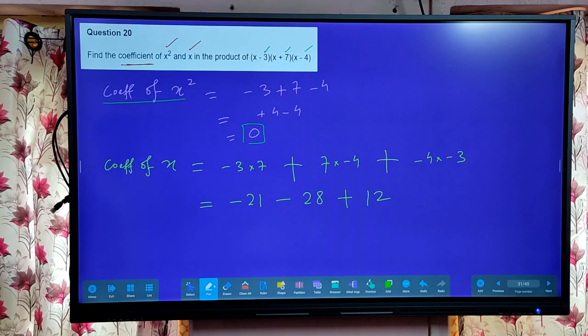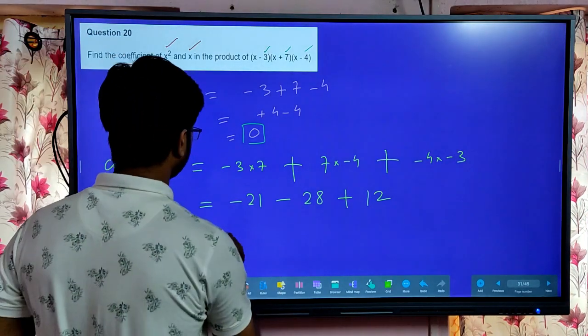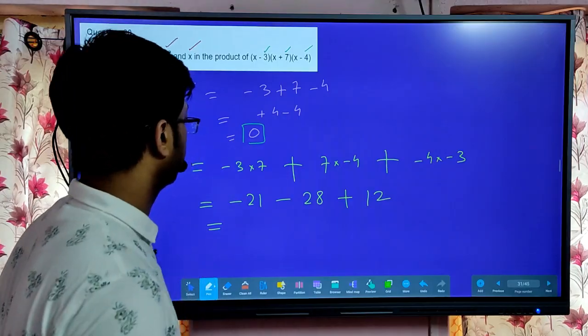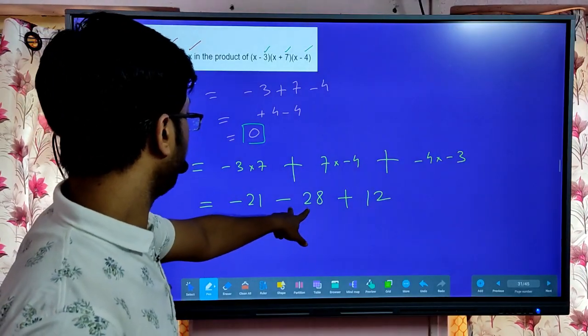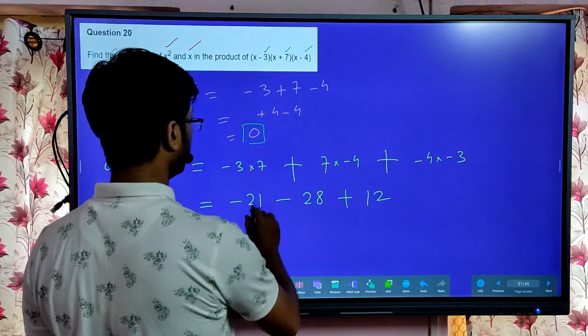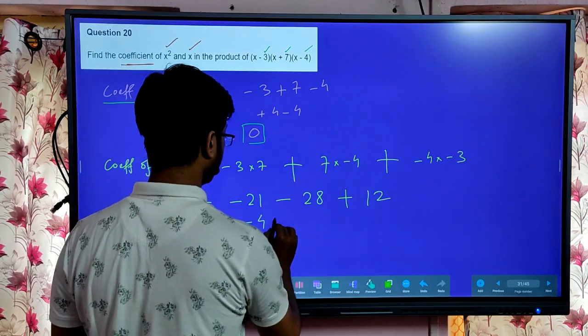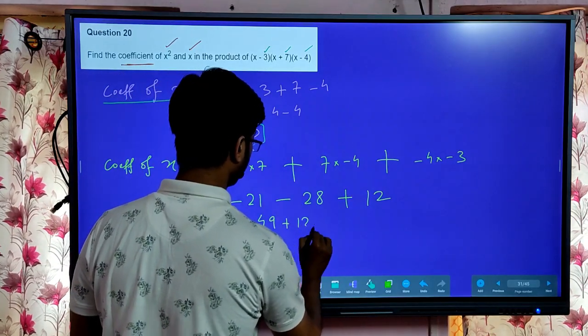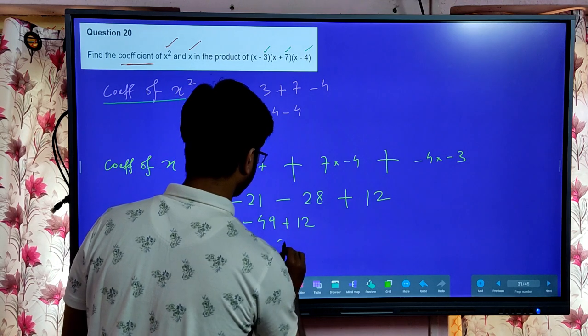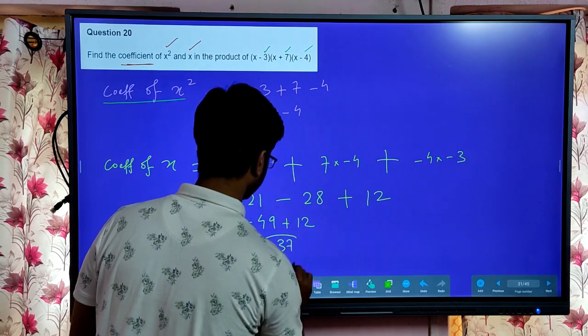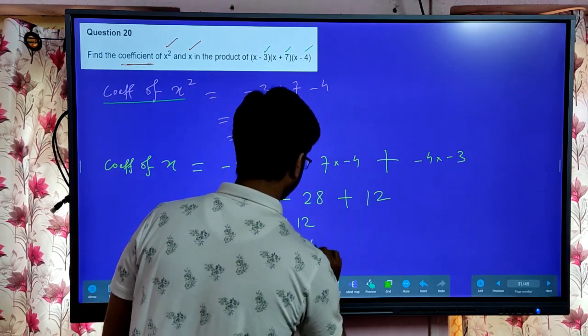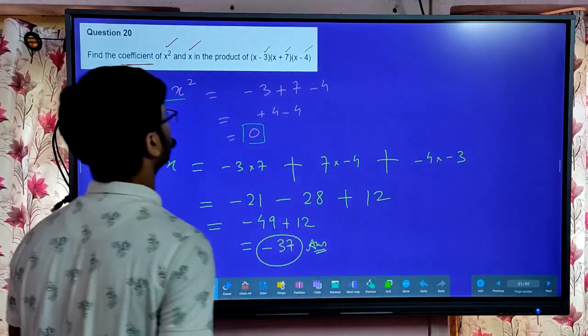Okay, so you solve this, it will be minus 49. This 21 and 28 will be minus 49 and plus 12, so it will be minus 37. So this will be the answer. Answer means this will be the coefficient of x.